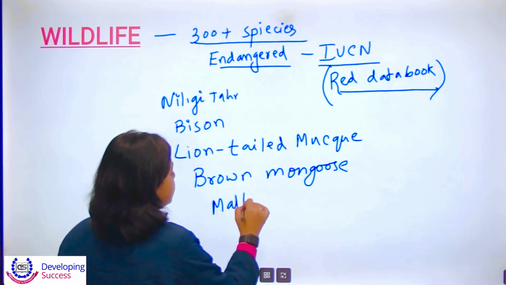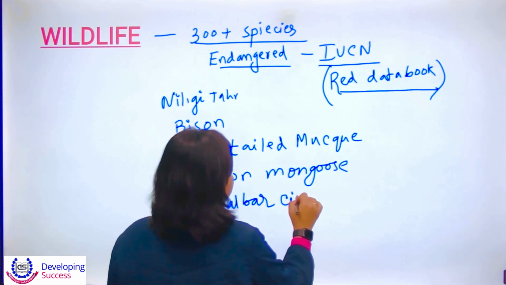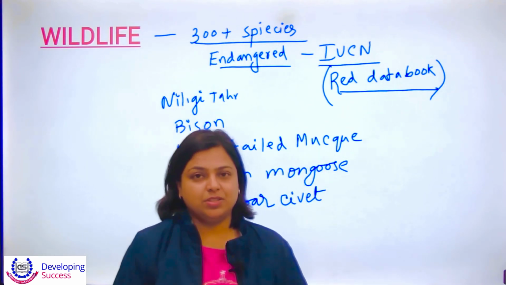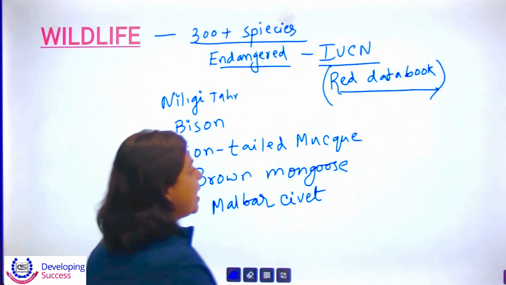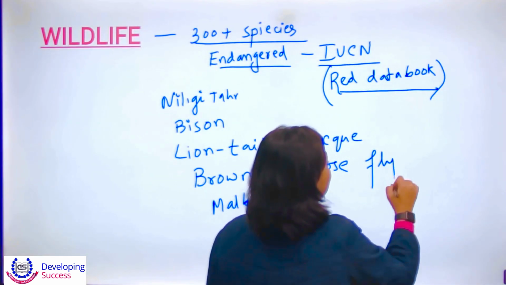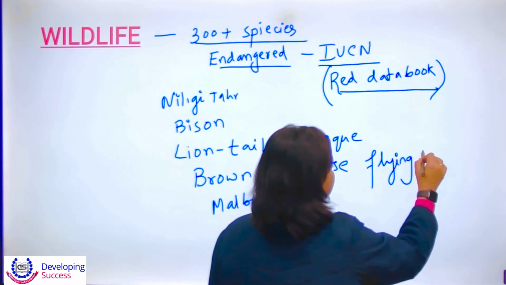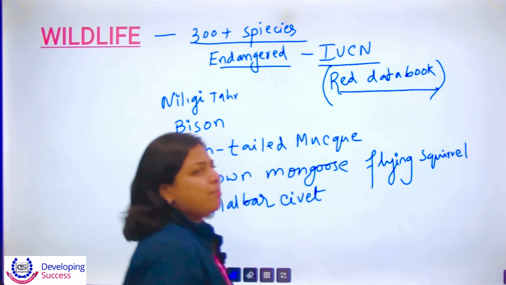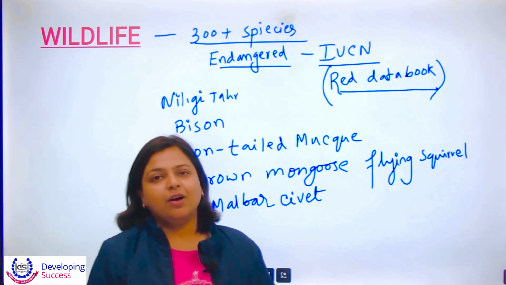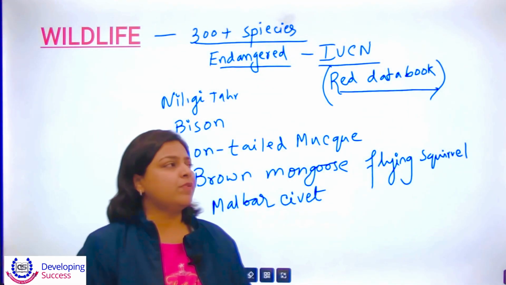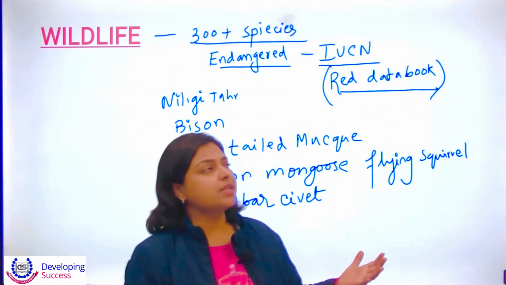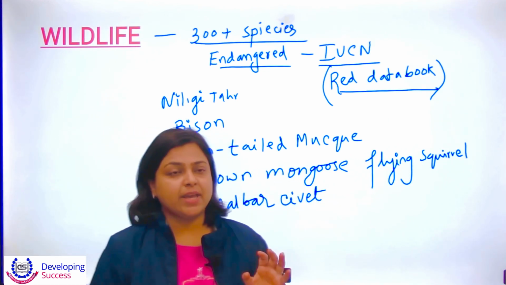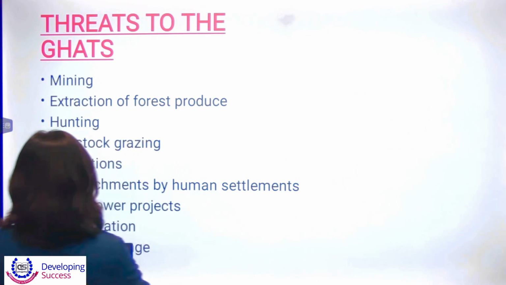These are some of the species to be remembered from the Western Ghats area, and they are all endemic to the Western Ghats. Then we have the flying squirrel also present. So these are some of the species. There are many species; we are not talking about all of them. We are talking about some of the important species, and you must also remember the Red Data Book information which I gave you. Okay, and what are the threats?